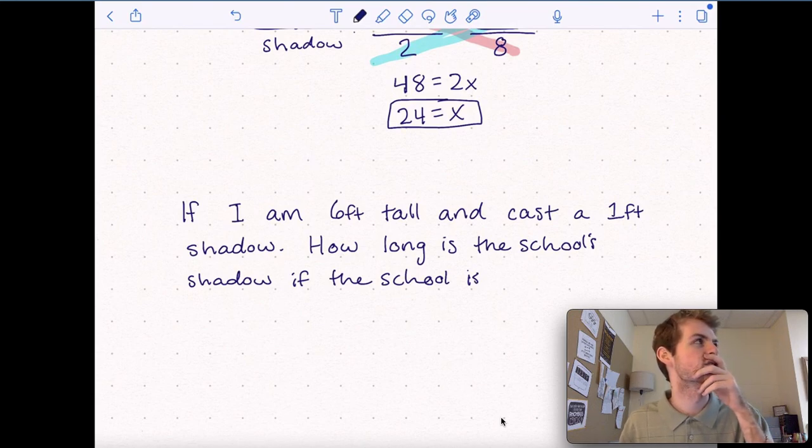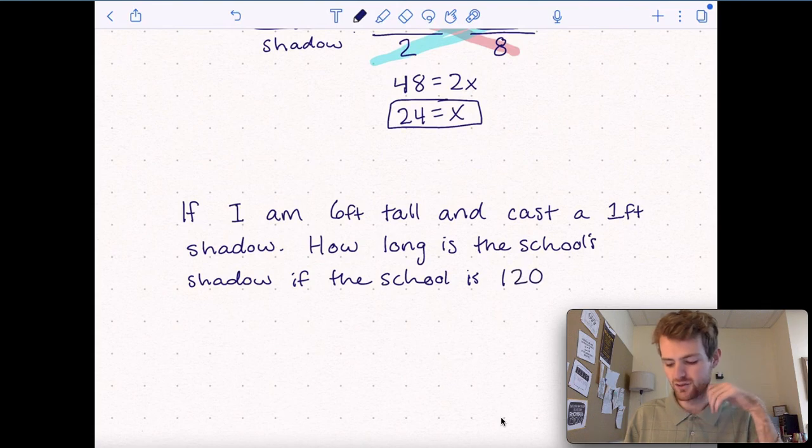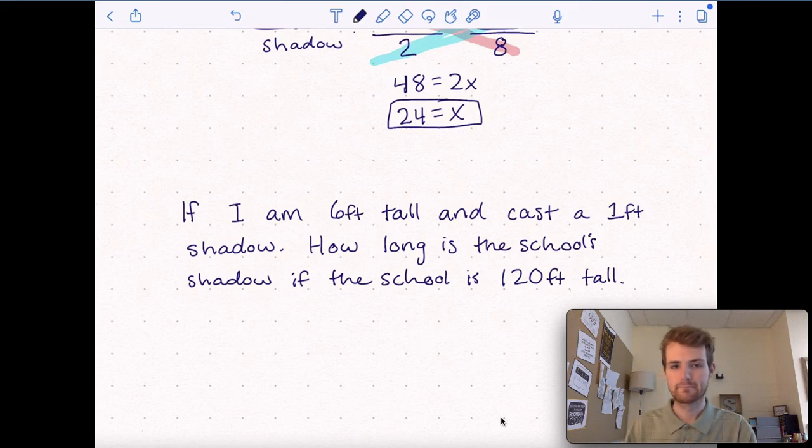My estimation skills are not very good. We'll just say 120 feet tall. Sure.